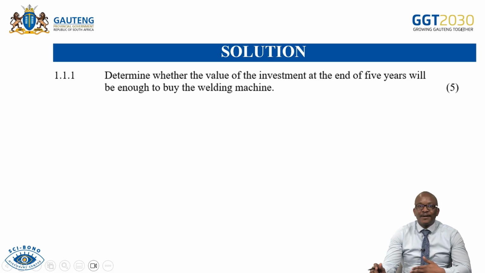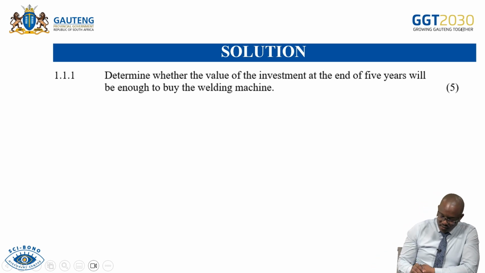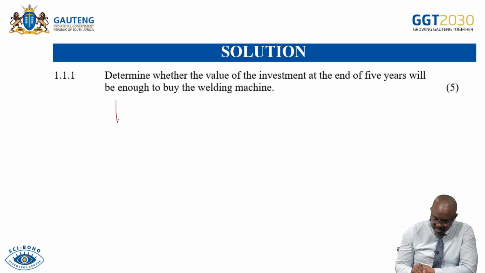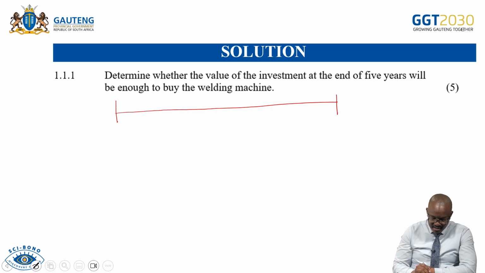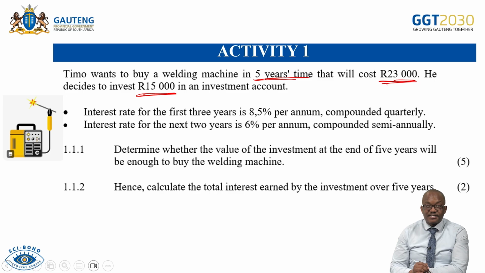Remember, they said determine whether. It means the amount might be reached or it might not be reached. So remember, we start with our timeline. It's very important for learners to understand this timeline. We are investing within 5 years.